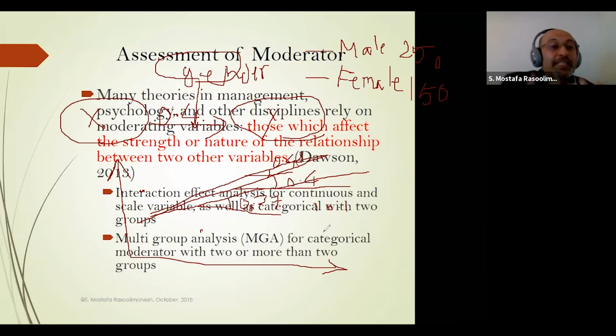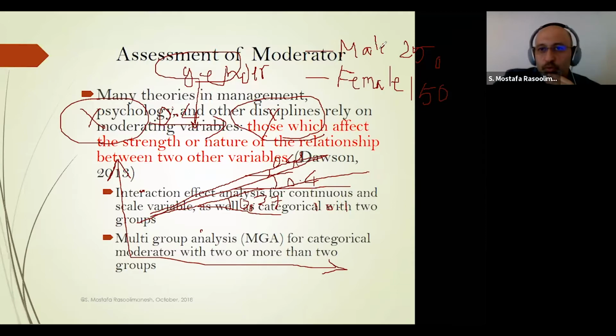The effect of X on Y is stronger for large companies compared to small companies, right? So this is another way to write a moderation hypothesis. This is the concept of moderator and the way that we hypothesize a moderator.